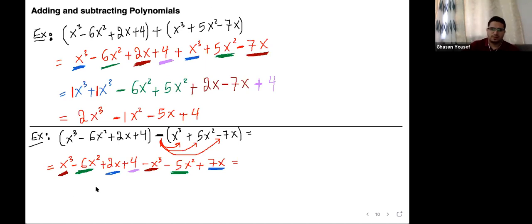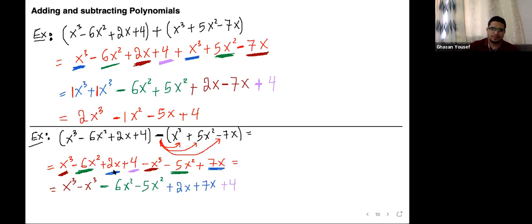So I'm going to get now x cubed minus x cubed, minus 6x squared minus 5x squared, plus 2x plus 7x, and the last term is plus 4.